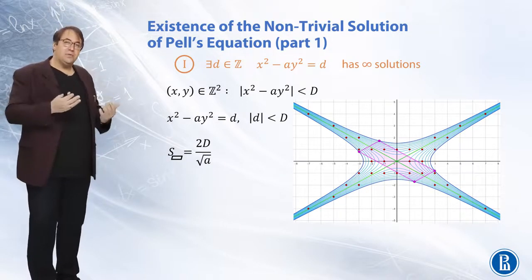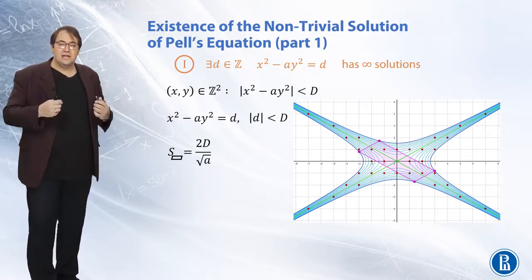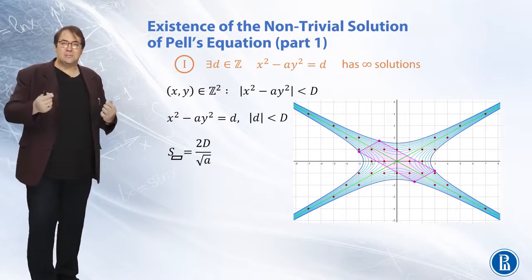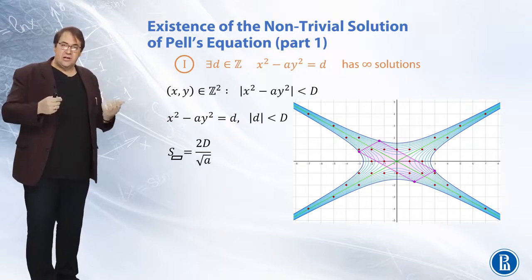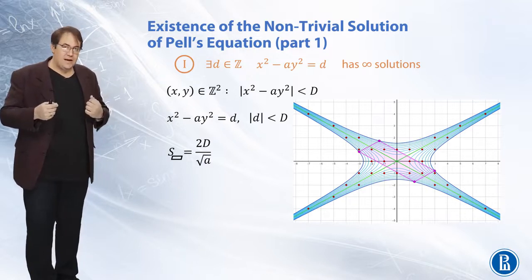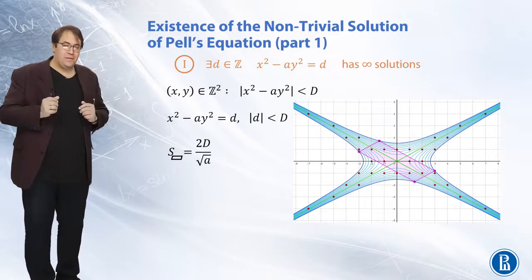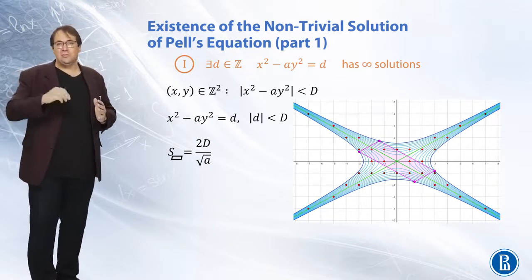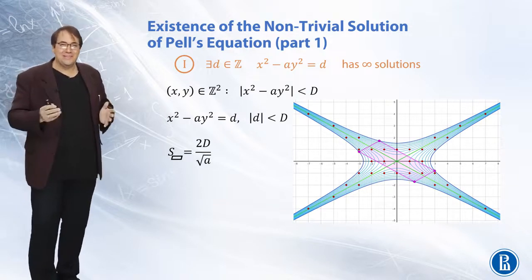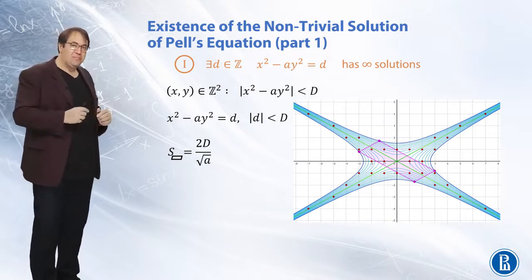The area of such a parallelogram with vertices on the boundary of the region and with sides parallel to the asymptotes is equal to 2D divided by the square root of a. Let it be an exercise for you to prove this. It is an exercise from a linear algebra or analytic geometry course, but not number theory. So, we'll use this formula for the area.